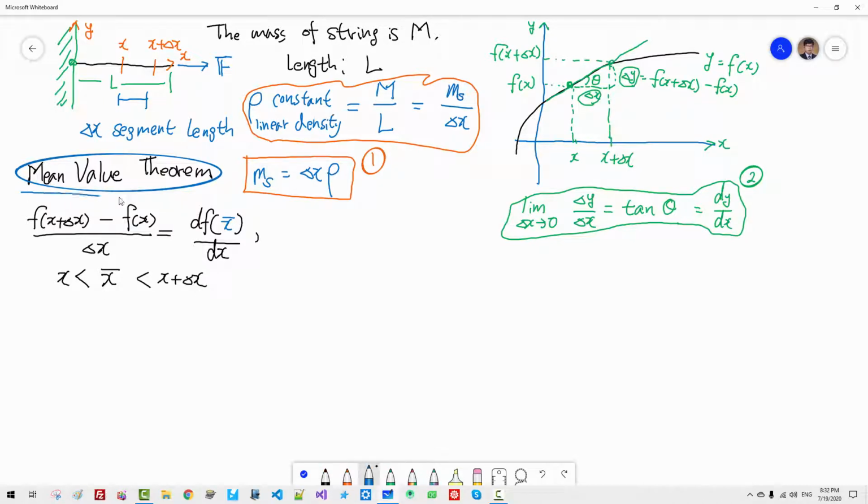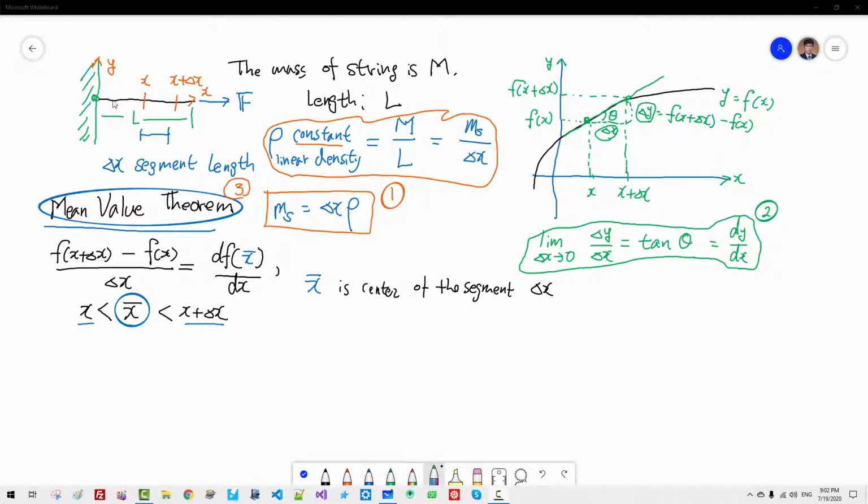The mean value theorem tells us that there exists an x bar between x and x plus delta x. This is our equation 3. Because we said the linear density is constant, x bar is the center of the segment delta x.